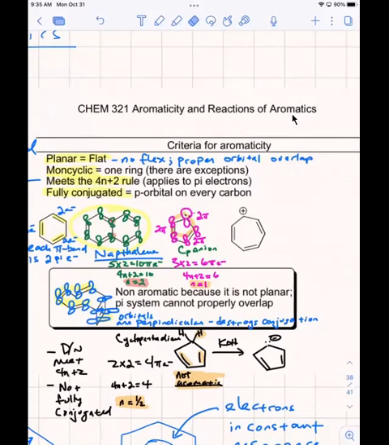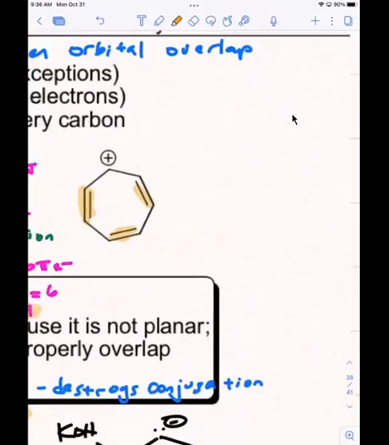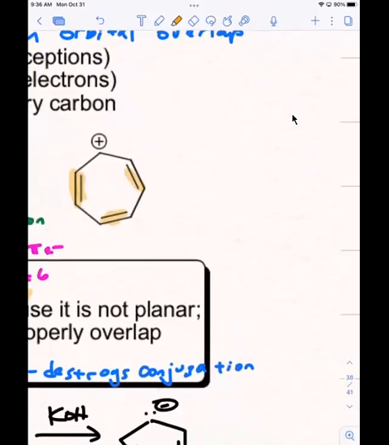So we know it's planar. What about the other rules? It is monocyclic. Good. How many pi electrons? Got 3 pi bonds. That's 6 pi electrons, good.